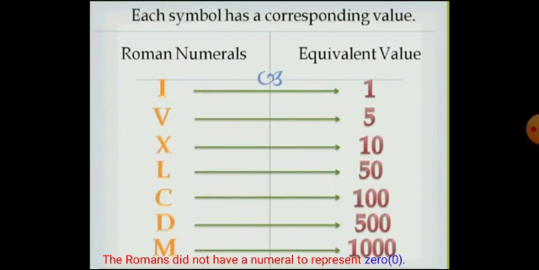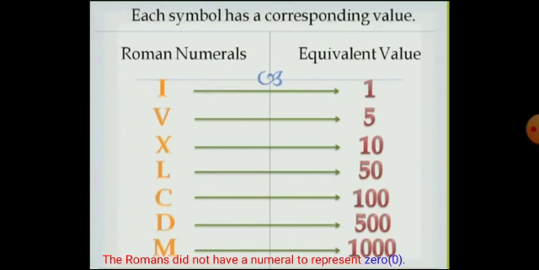The value of V is 5. X stands for 10. That means the value of X in the Hindu-Arabic numeral system is 10. L stands for 50. C stands for 100. D stands for 500. M stands for 1000.